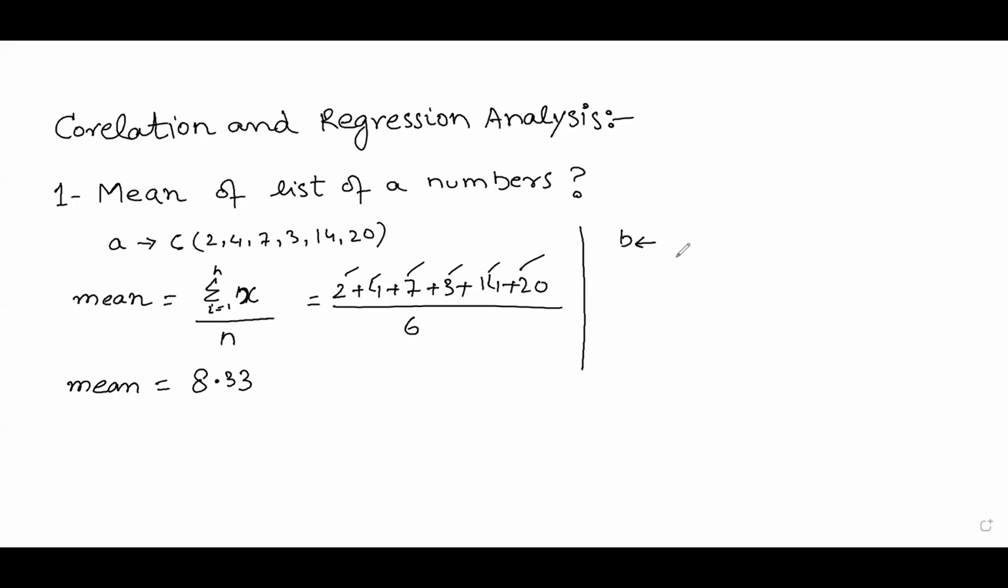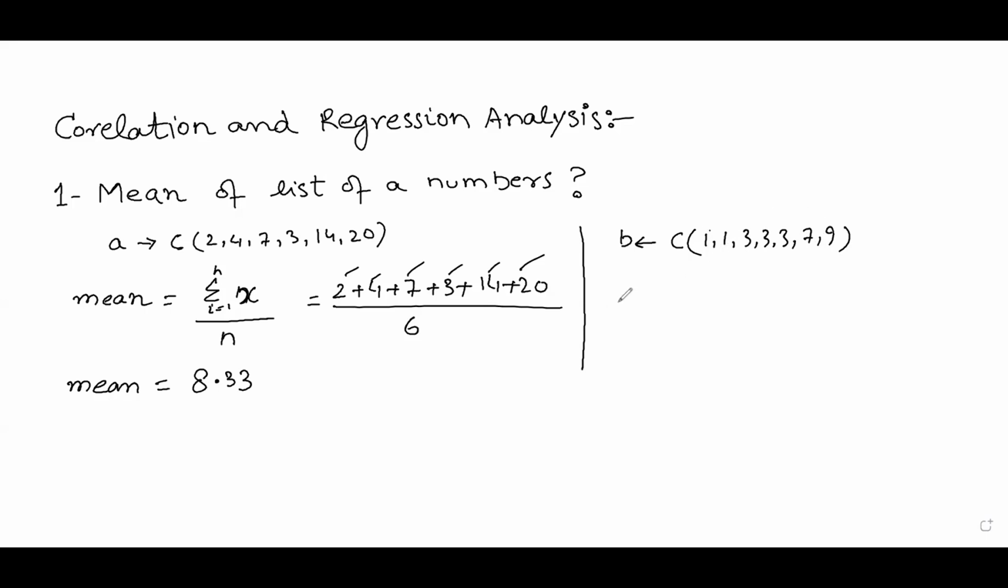Let's say b is equal to c, a list of numbers: 1, 1, 3, 3, 3, 7, 2, 7, let's say 9, right? This one. So if I ask you what is the mean, you will add these and divide by the total number.